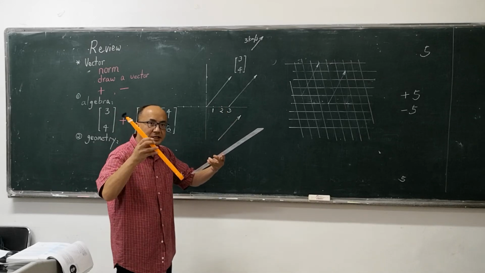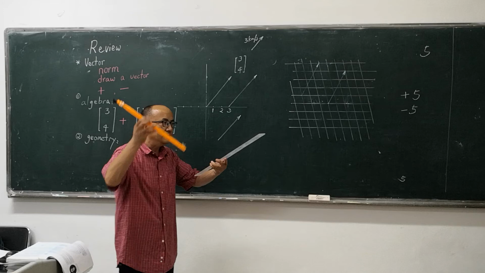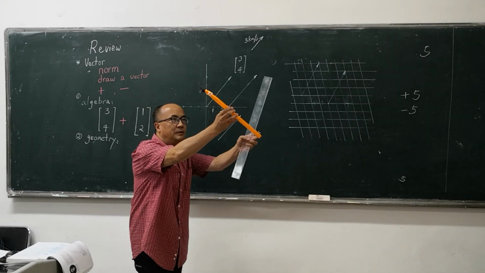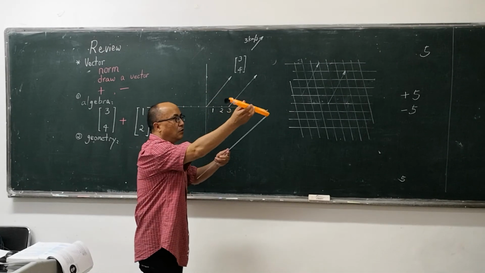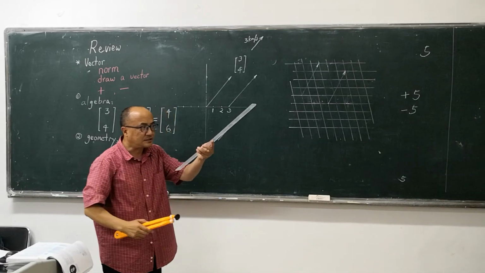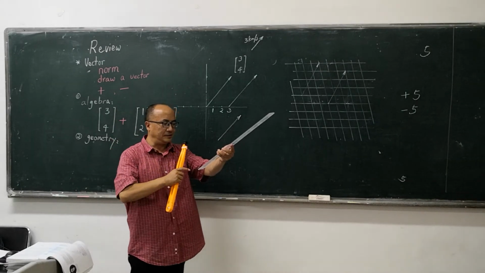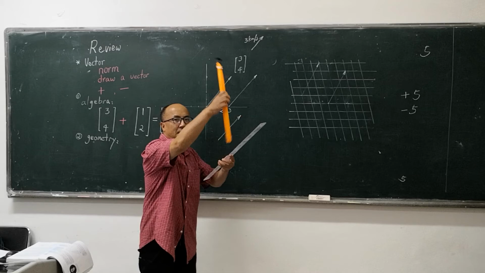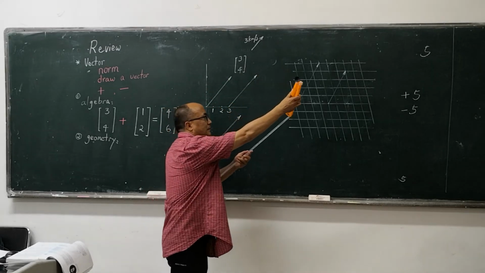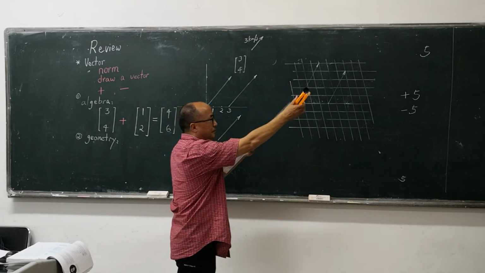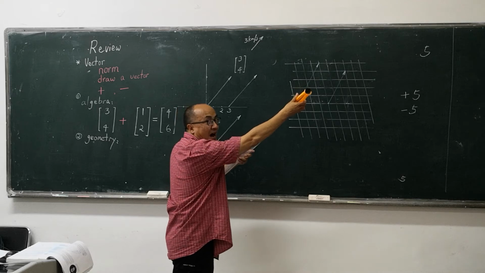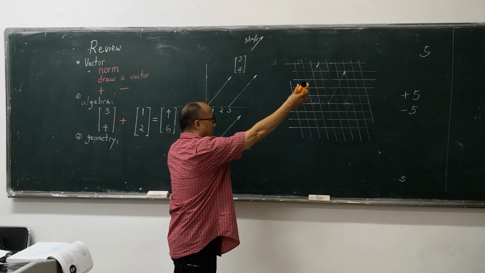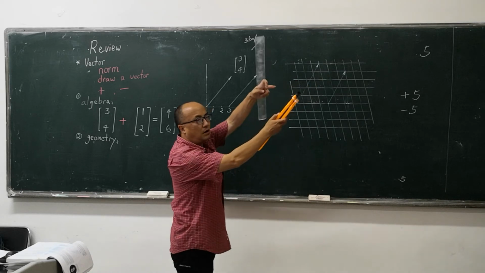This is a vector B, and this moved from here to here. So the first step is from here to here, then the second step from here to here. The final result is from here over here.